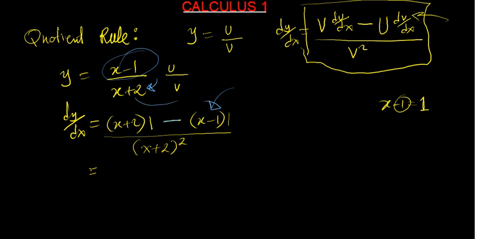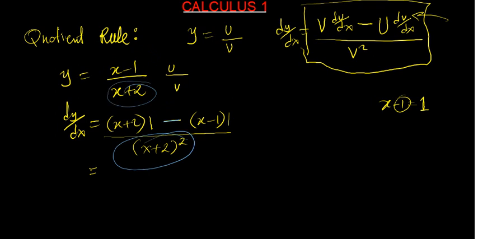Differentiate what is down. That's the one you can see there. Is that okay? And then divide. Just get what was down, square it. So what was down is there. Just square it. That's the one you divide with.